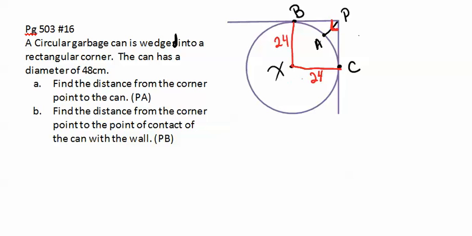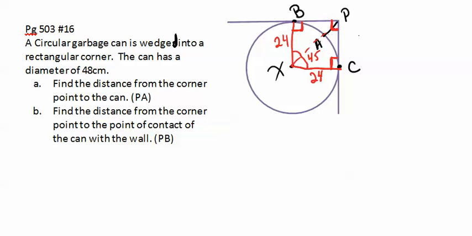And because we know that the circle is consistent with radius, we know that if we extend this line, it will be a bisector. So each of these angles will be 45 degrees. And because PC and PB, again, are from a rectangular corner, that means that they're going to be tangent to the radius.